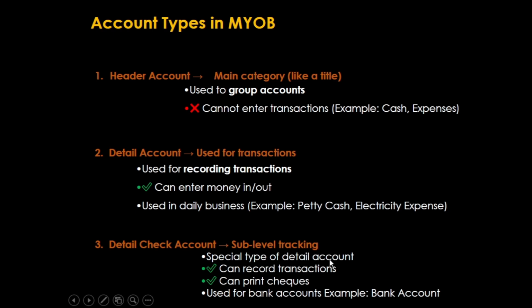Used in daily business, example petty cash, electricity expenses, all of them we can record under this detail type. Right. මෙතනදී detail account එකක් කියන්නේ it may be a sub account of a header account or individual account. මේක තියෙන්න පුළුවන් header account එක sub account එකක් විදිහට තියෙන්නත් පුළුවන්, නැත්නම් individual account එකක් විදිහට තියෙන්නත් පුළුවන්. Anyway මේක තමයි අපි වැඩ කරන real place එක.